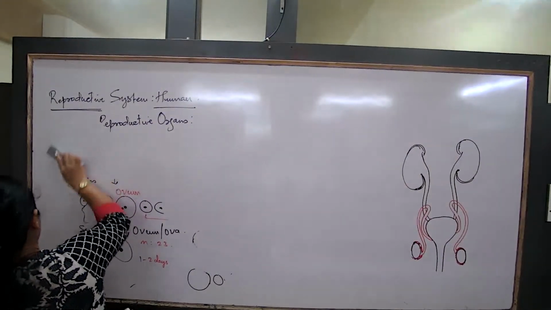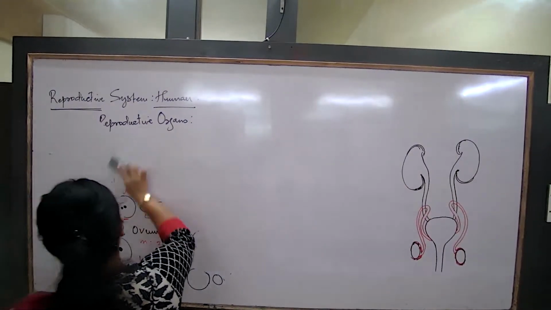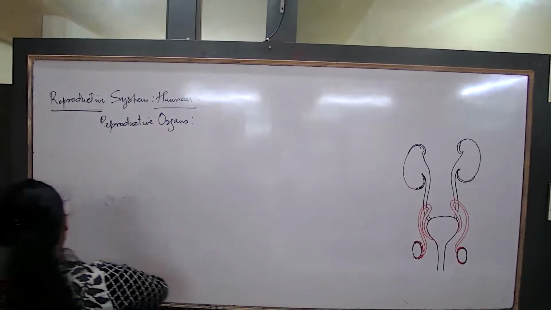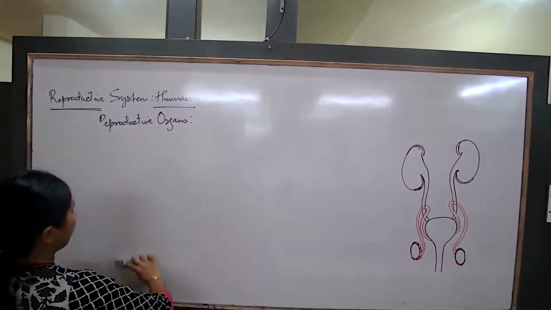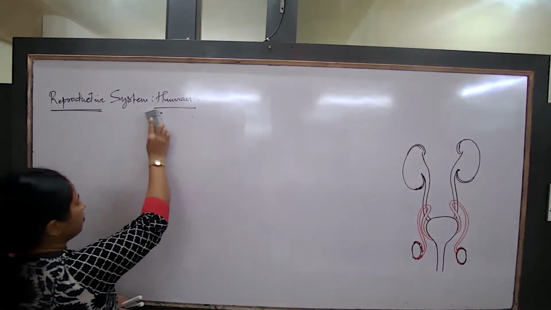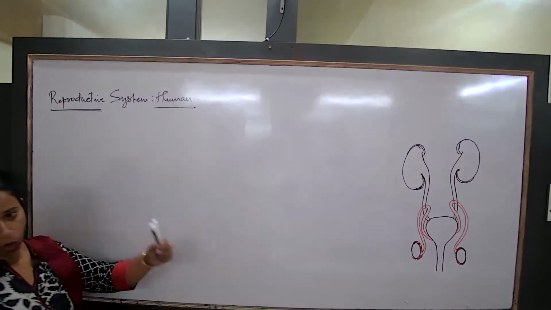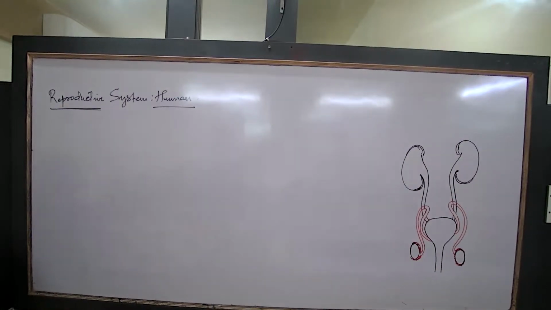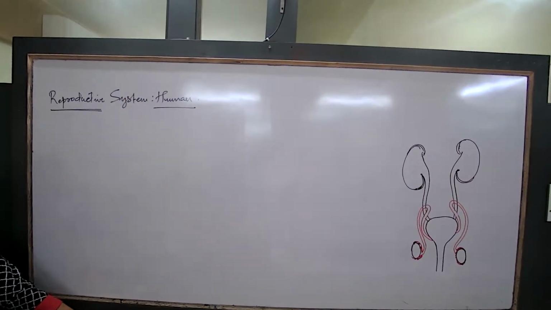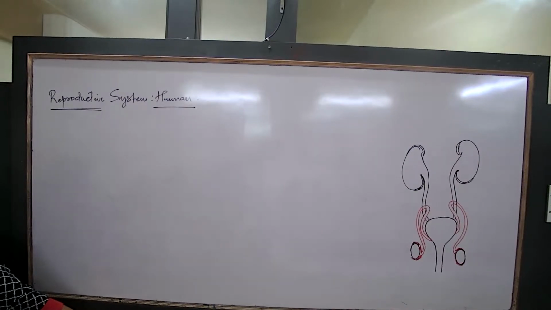Number 3, male gamete, they are motile. Motile मतलब याद रखो, if you have a doubt within bracket लिख के रखो, they are able to move on their own. Female non-motile.